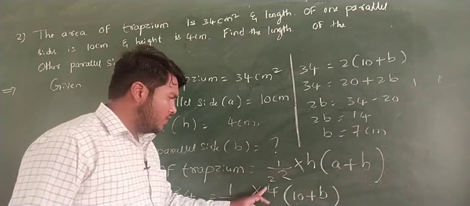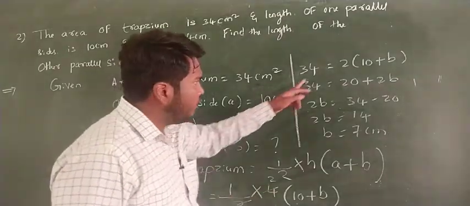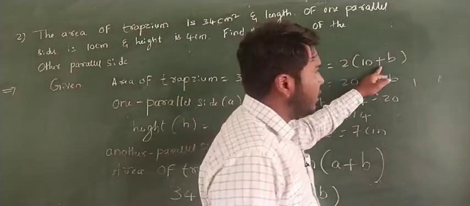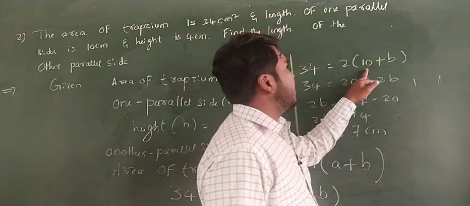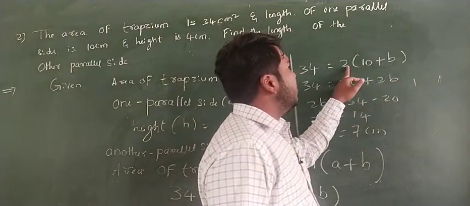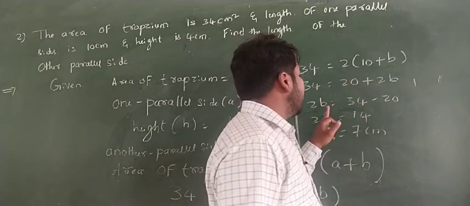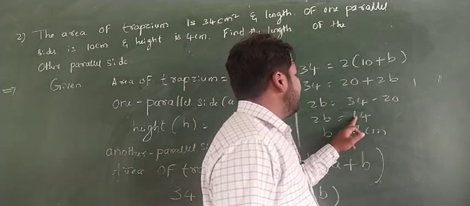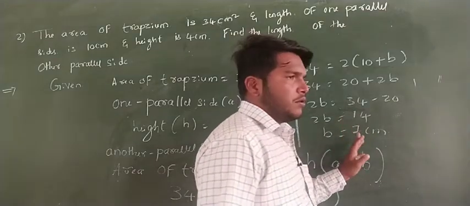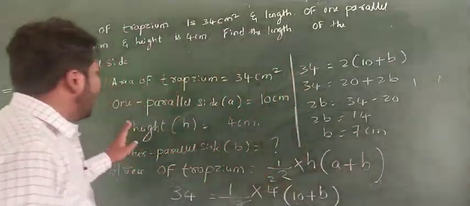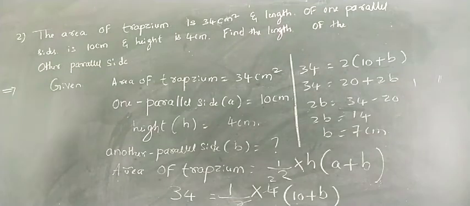So you can write 34 is equal to 2 into bracket 10 plus B. Just multiply this into the bracket, 2 into 10 is 20, 2 into B is 2B. So 34 minus 20 you will get 14, 2B as it is, B is equal to 14 divided by 2, you will get 7 centimeter. So the other parallel side is 7 centimeter.